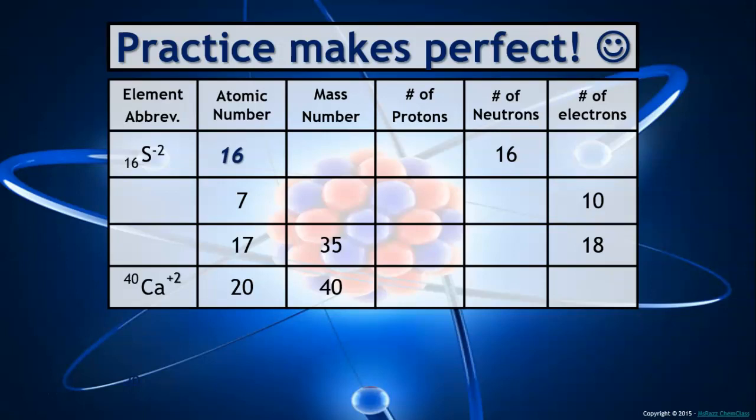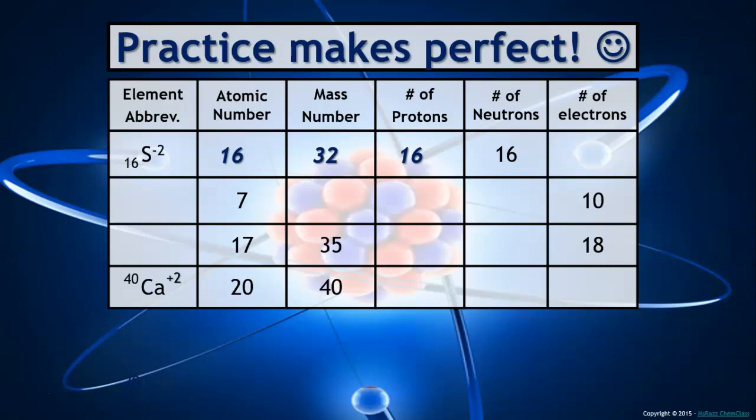The atomic mass is going to be 32. How do we know that? Well, the mass number is made up of the number of protons and neutrons added together. We can see in our chart that the number of neutrons is 16. Because we know the atomic number is 16, the protons are 16, and 16 plus 16 adds up to the mass number of 32.